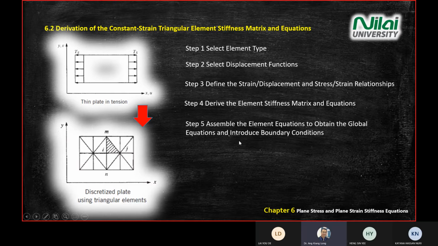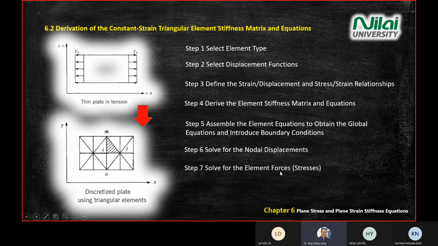And then we assemble. And then after assembly, we want to solve the equation. We apply the boundary condition. So if it cannot move, the row and column, you close it, and then you will simplify your matrix. Then number 6, you solve for individual nodes' displacement. Then the rest is either you solve for the force and stress.